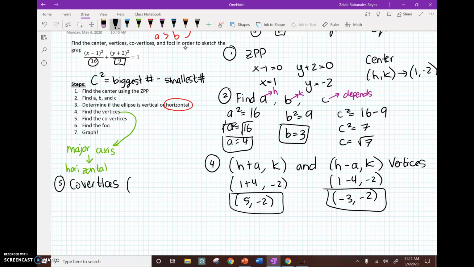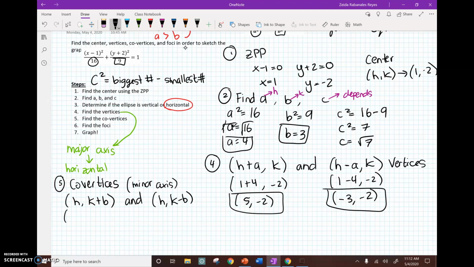That tells me that I have h comma k plus b, because I'm adding it to the y coordinate for the minor axis, and h comma k minus b.